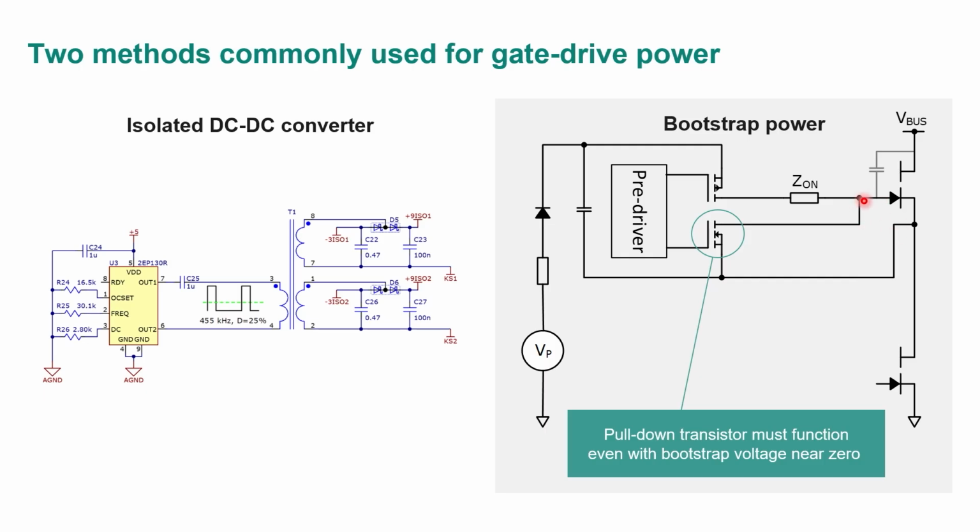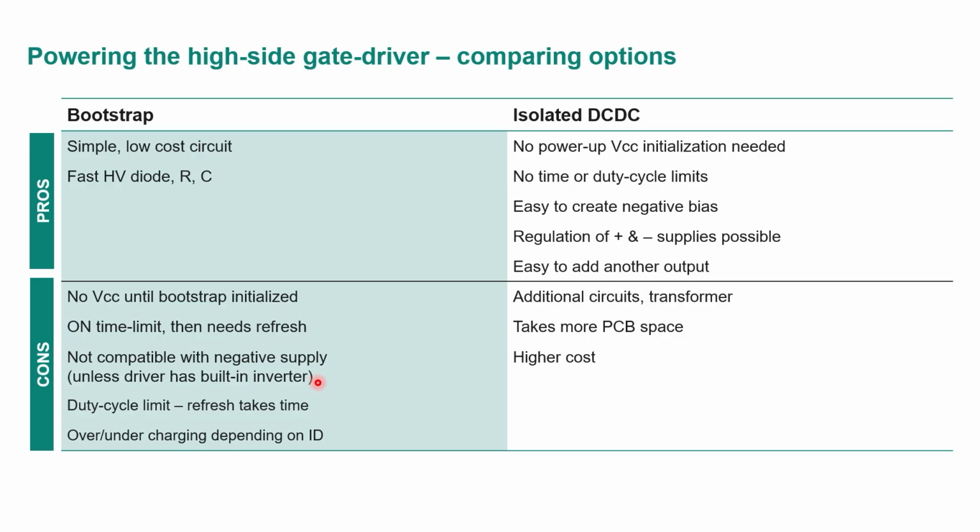Because I don't want this gate to turn on by itself due to external influence of changes in voltage on the bus, for example. So even with no power, the gate driver needs to have a clamp function. And that's what's unique about that 1EDB8275 that I showed in the previous slide. It has a so-called fast clamp. It acts to keep the gate voltage at or below 1 volt, and it acts in 20 nanoseconds, so it's extraordinarily fast. The other thing is, with bootstrap power, you really can't do a negative supply.